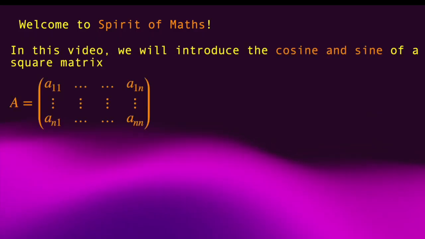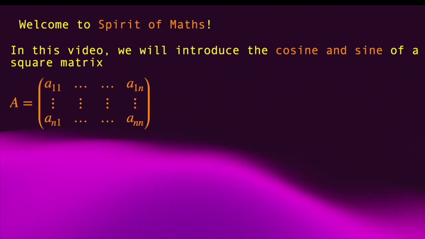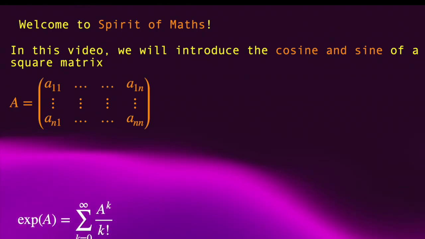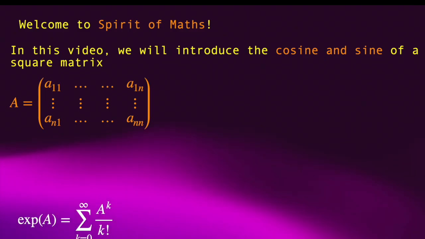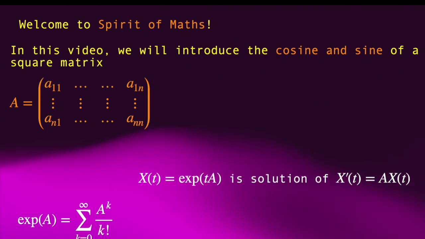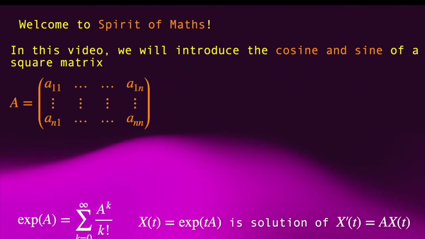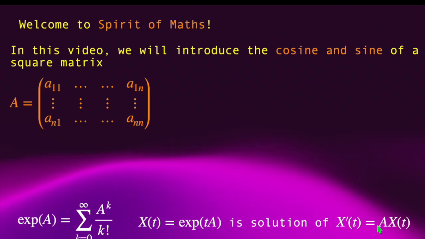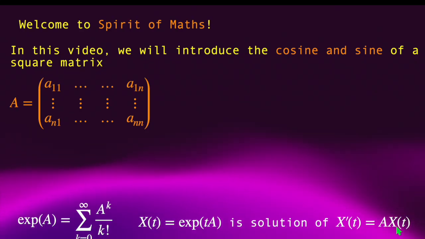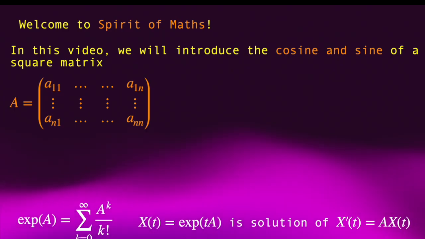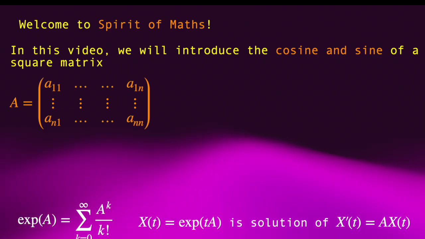In this video, we will introduce the cosine and sine of a square matrix. The exponential of a square matrix is well known and can be used to solve some ordinary differential equation, namely the equation x prime t equal A x t. But the cosine and the sine of a square matrix is less known, and in this video we will introduce these two notions.